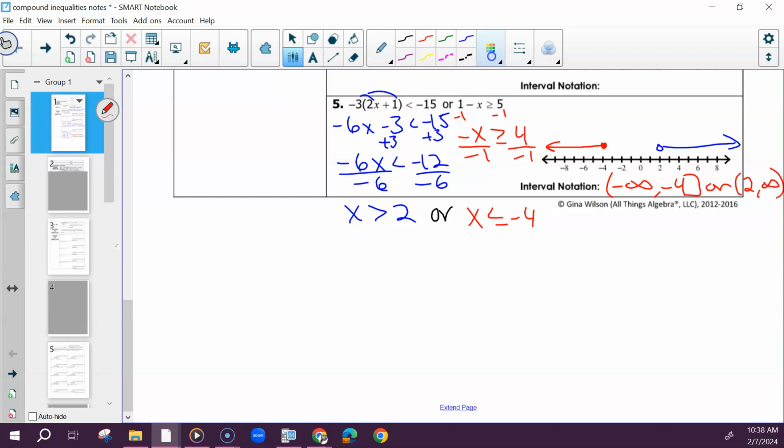So if you only write half of this, you're going to miss points on the test, on the quiz. Is it okay if you just do the 2 comma infinity first? It does matter. It has to be read left to right, least to greatest.